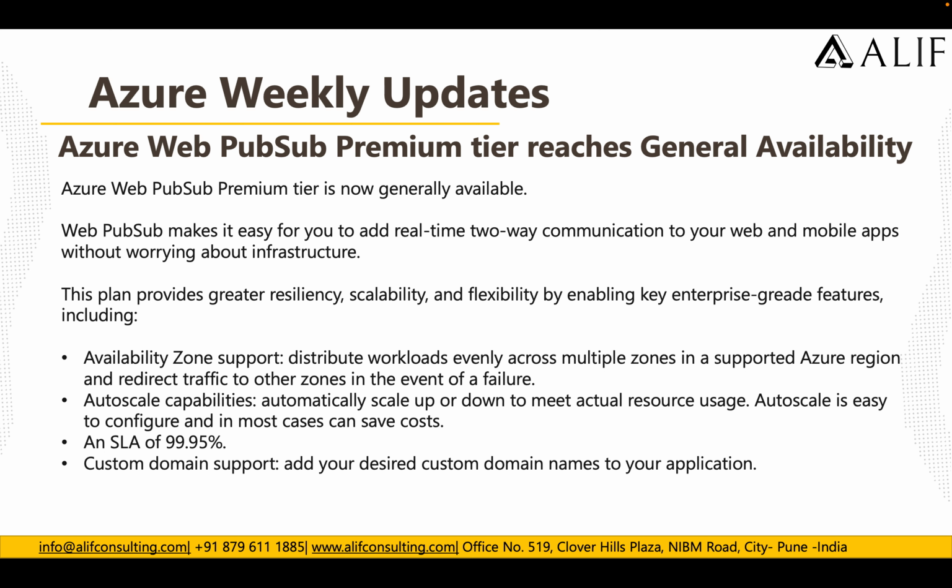This plan provides greater resiliency, scalability, and flexibility by enabling key enterprise-grade features such as availability zone support, auto scaling capabilities, SLA of 99.95%, and custom domain support. So all of these four capabilities are there with the Azure Web PubSub premium tier, and they will allow you more flexibility to run the application.